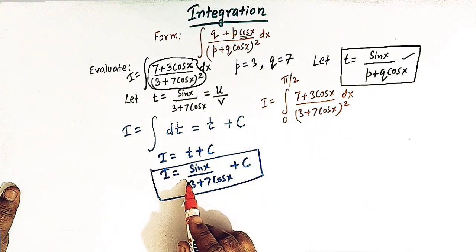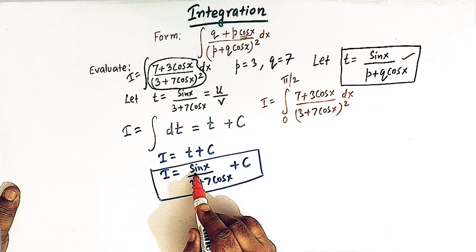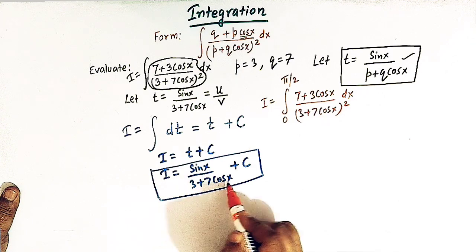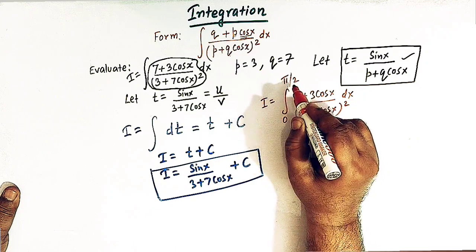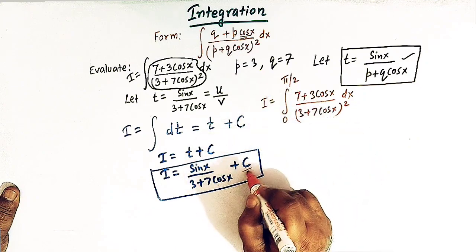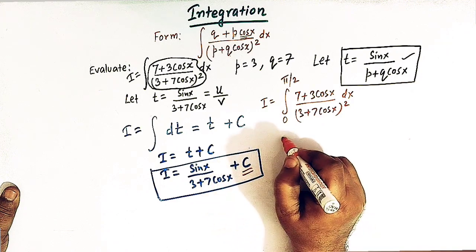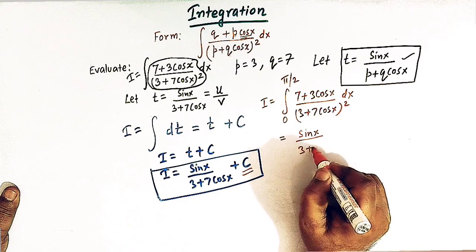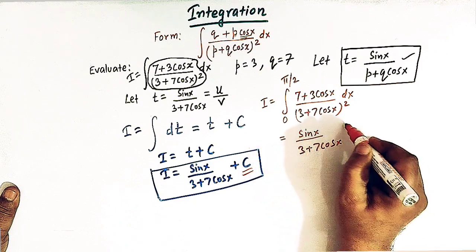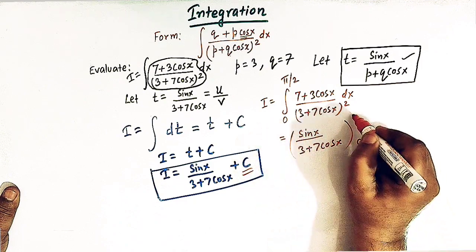And the indefinite integral is given by sine x over (3 plus 7 cos x) plus c. So since here we have to evaluate the definite integral, we'll omit this constant of integration.